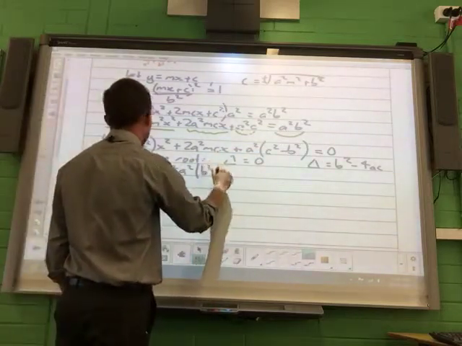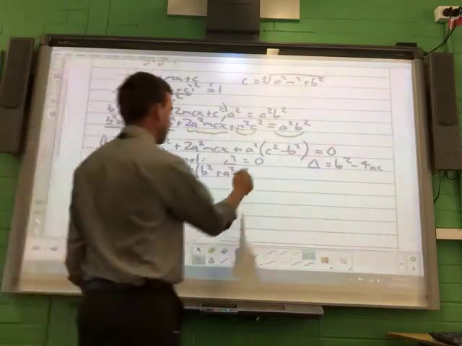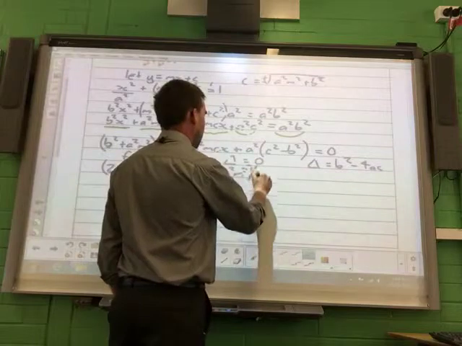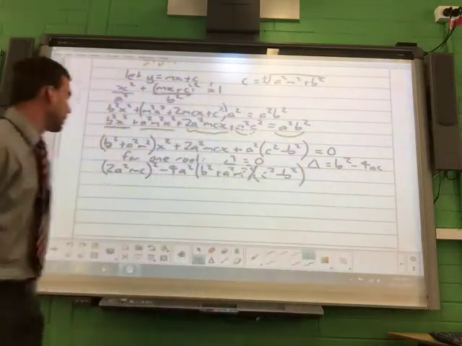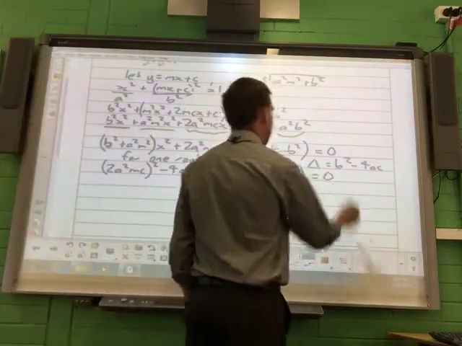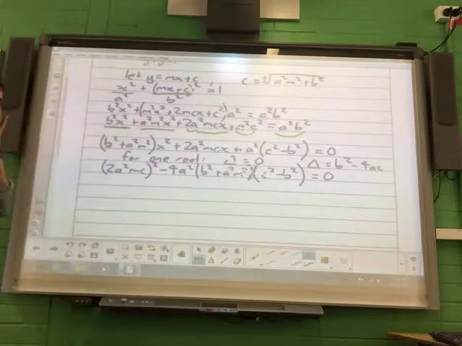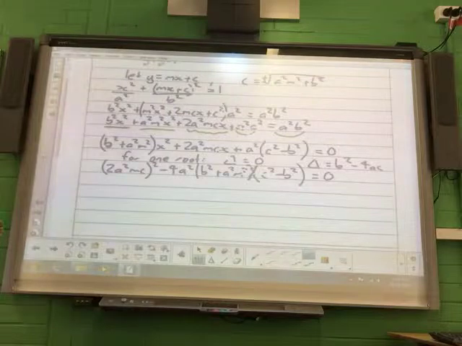So b squared plus a squared m squared, c squared take away b squared. Okay, so discriminant has to equal 0. So what we're leading into is we're going to have a solution for c, and we're going to show it's that. Right, that's what we're eventually leading into.